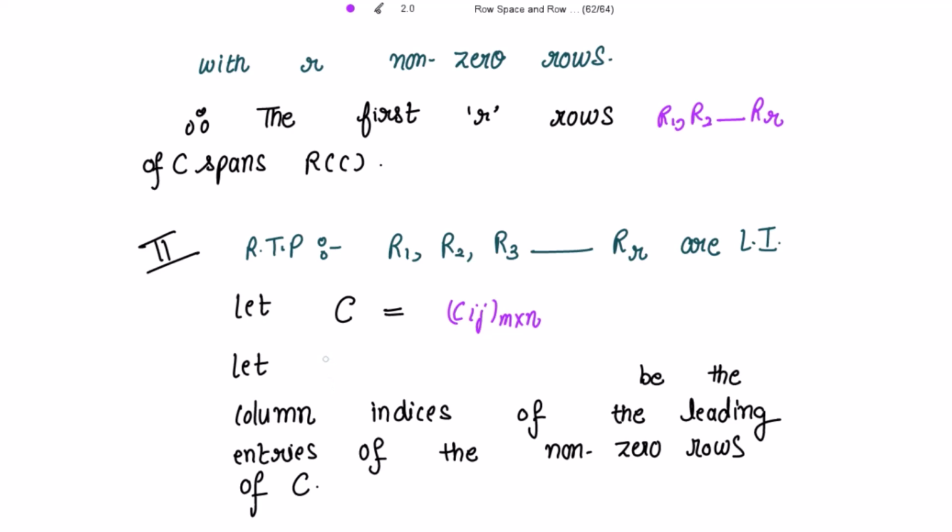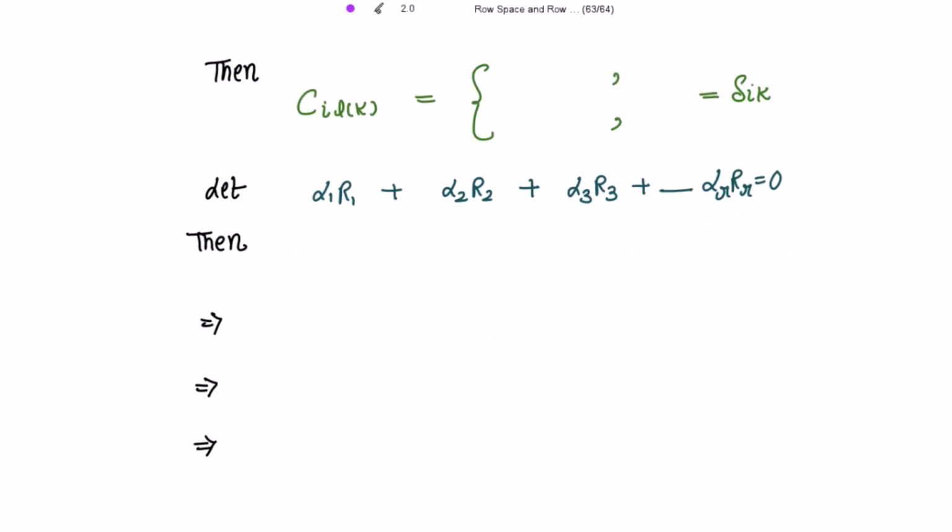So let l1, l2 up to lr be the column indices of the leading entries of the non-zero rows of C. And then we define C_ilk, which is equal to 1 if i is equal to k, and equal to 0 for i not equal to k.